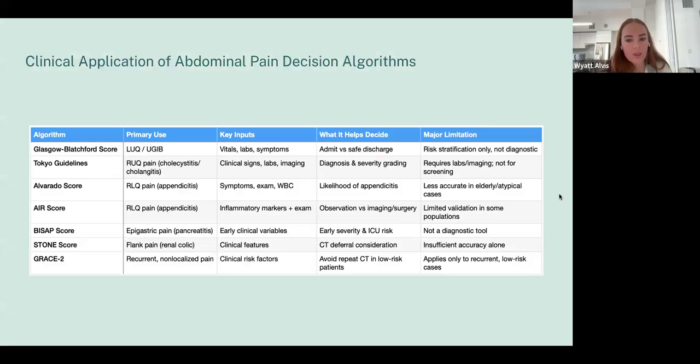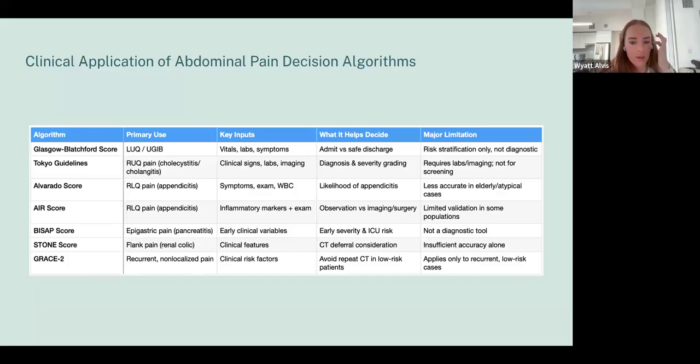So this table just pulls together the major tools and algorithms that we talked about. I just wanted to put it all together so it would be easier for everyone to see, because I know there's a lot and a lot of numbers being thrown at you. Essentially, each of the algorithms is designed to answer a specific clinical question based on pain location.